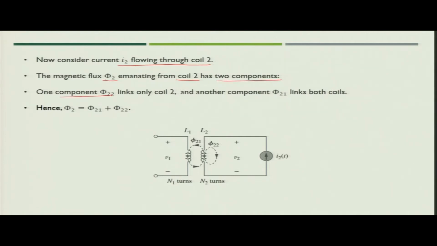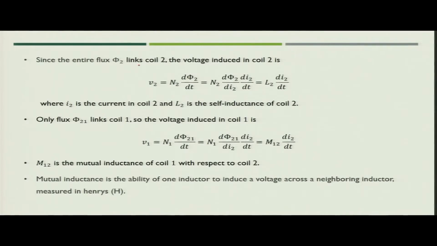One component phi 22 will link only the second coil, while phi 21 will link both coils. So, you can say phi 2 is nothing but phi 21 plus phi 22. Now, as in the case of coil 1, phi 2 will link completely to coil 2.